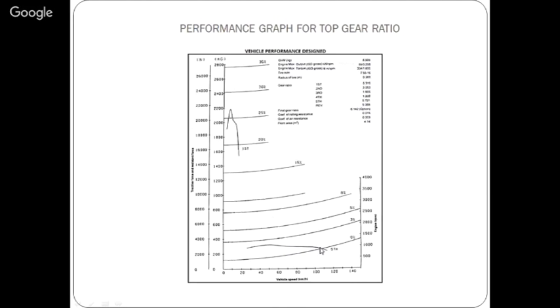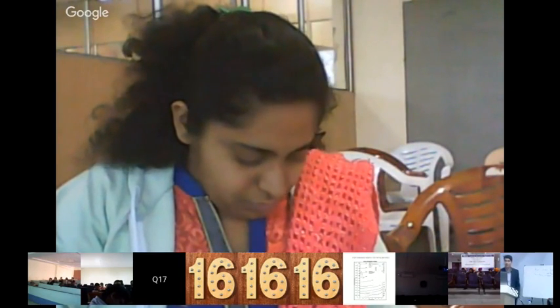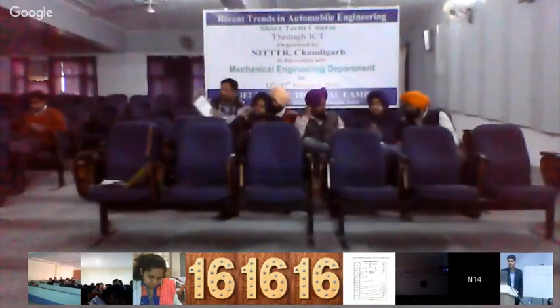If my power plant, the power plant which is producing power, declines below this curve, then this condition is a non-accelerating condition. Up to this point, this is my accelerating condition. So we have to make sure that our vehicle velocity requirements will be satisfied with the specified gear ratios.